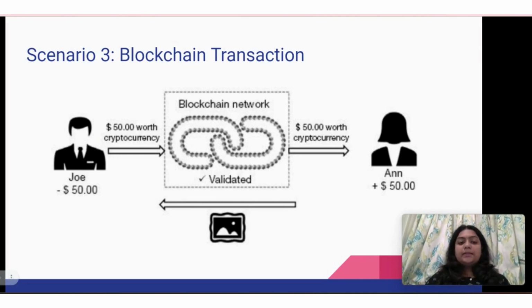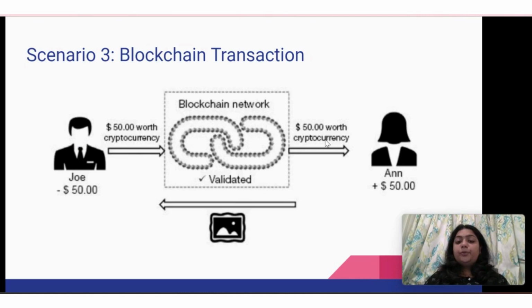So here, if you can see, first, Joe tries to make a transaction of $50 worth of cryptocurrency into a blockchain network. In a node, he's trying to generate a transaction, and this is where the transaction is validated or accepted by the other nodes.